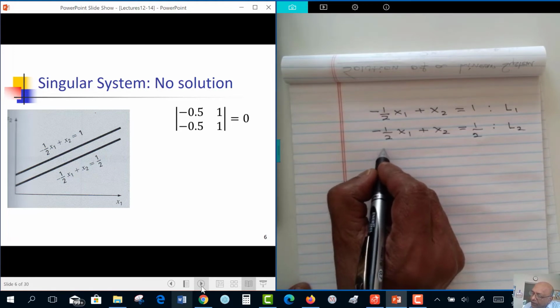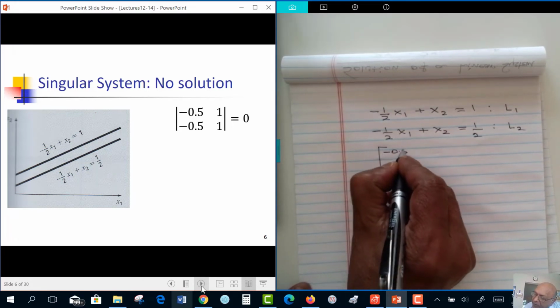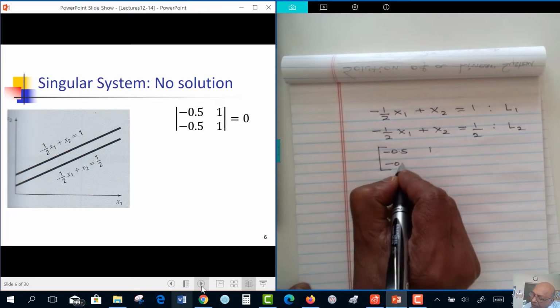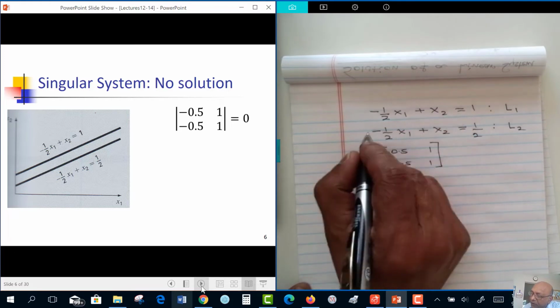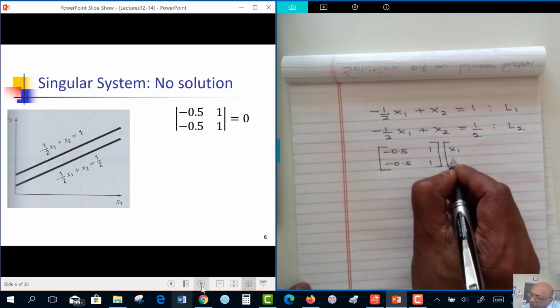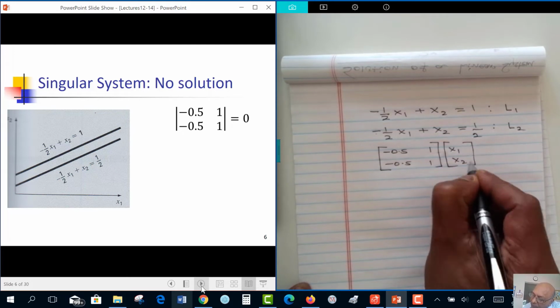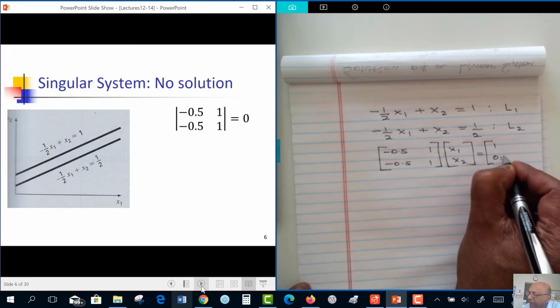If you want to write in matrix form, we'll write minus 0.5, 1, minus 0.5, 1, times x1, x2, is 1, 0.5.